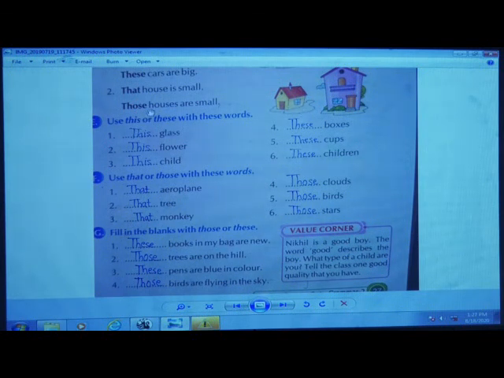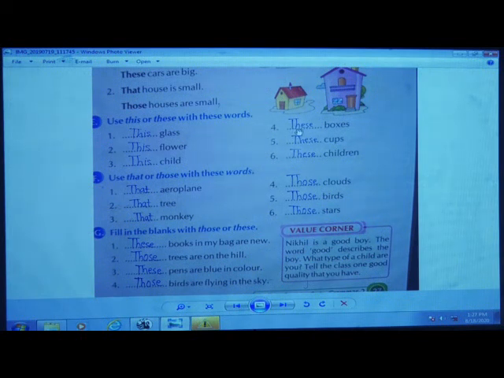So use this or these with these words. This glass, glass. Then this flower, flower. Then this child, child.